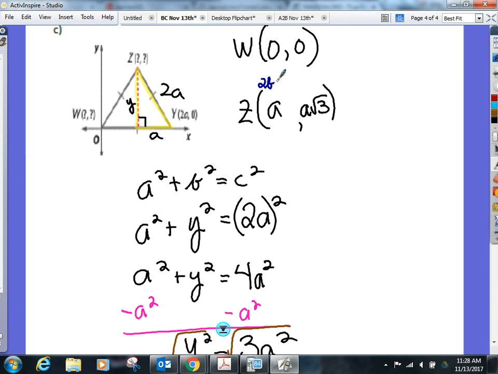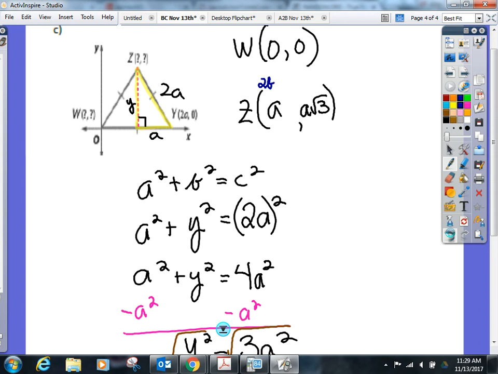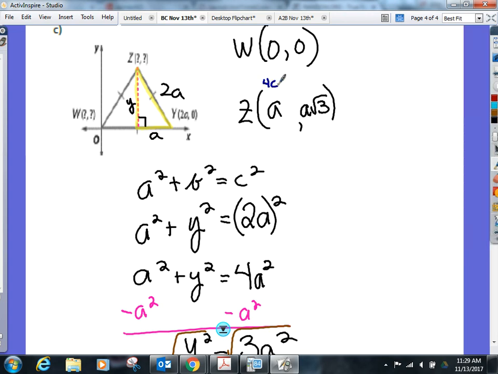You're just taking whatever the x-coordinate is and putting a radical 3 with it. Do you see that? Yes, no, maybe? So here you go, ready? Let's try this again. Let's say my coordinate that's halfway in between is 4c. What's your y-coordinate? 4c radical 3.